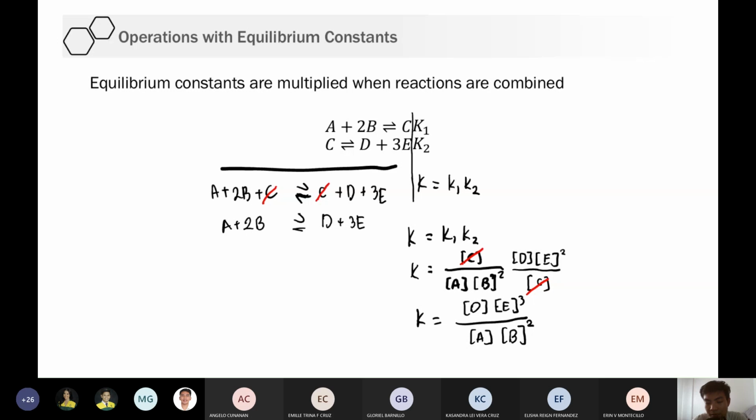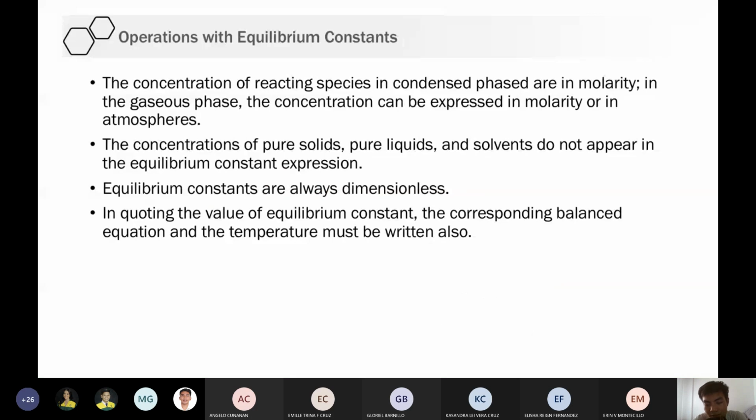So, in summary, the concentration of reacting species in condensed phases, phases yan dapat, are in molarity. In gaseous phase, the concentration can be expressed in molarity or in atmospheres. No? So, ibig sabihin nun, kapag aqueous, molarity ang units. Kapag gas, ang units ay molarity or atmospheres.